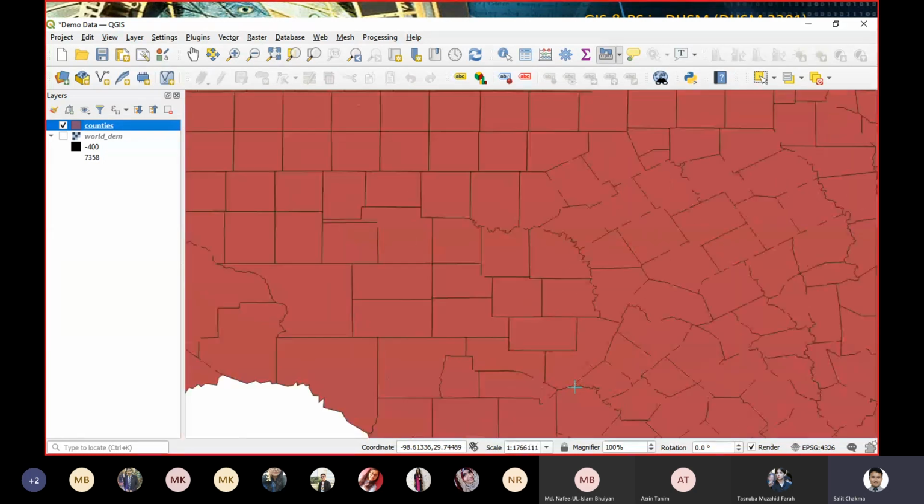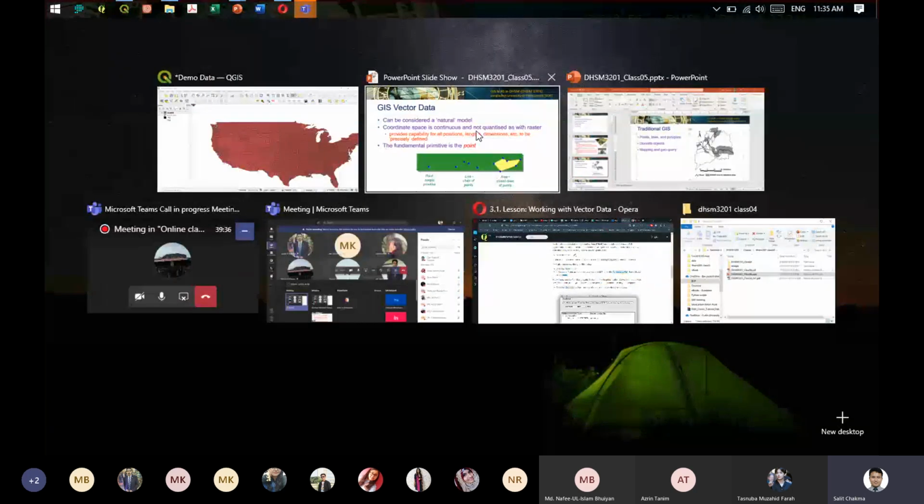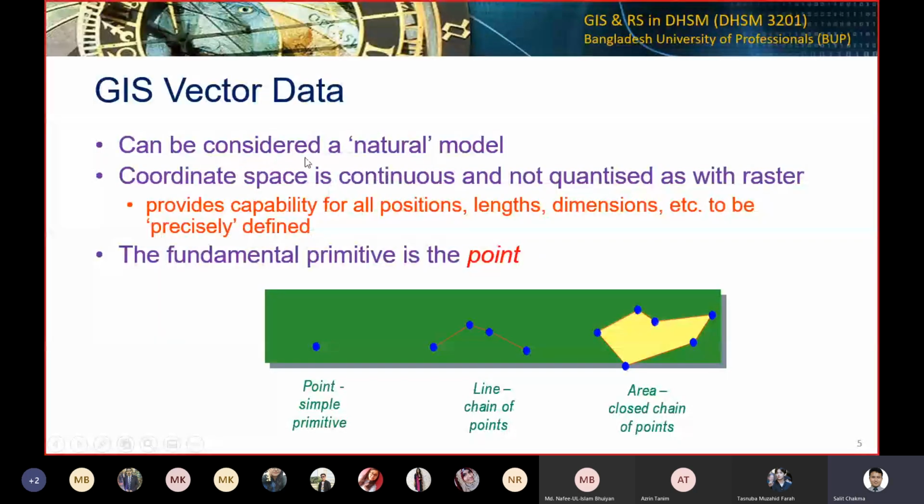If you have an A4 size paper, you cannot draw to the very much possible detail of the state boundary or county boundary in here, or in our previous example, the river bank. However, since it is possible now, and vector data can do that, we say it's considered a natural model. And the coordinate space is continuous and not quantized as raster.